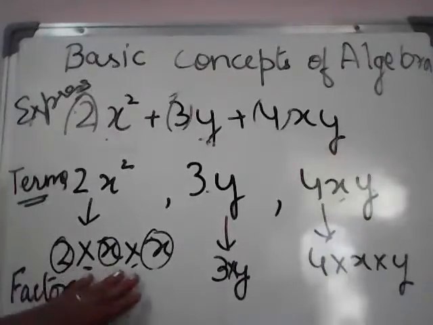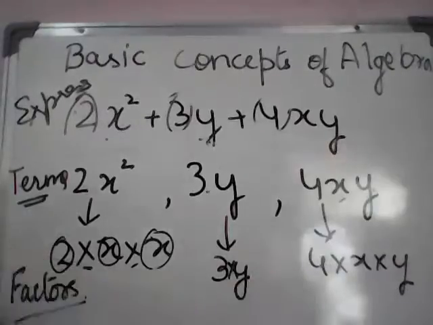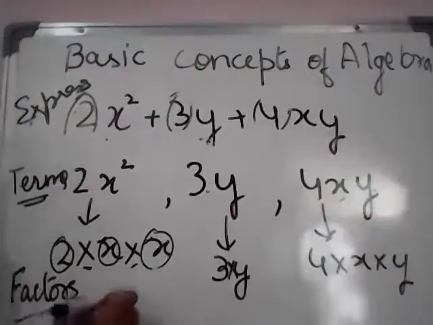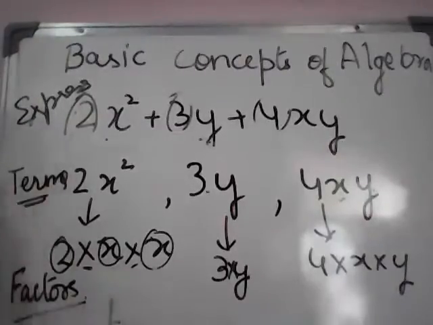So when we get factors, we can divide terms into like terms and unlike terms. The terms having all factors the same are like terms. What are like terms?